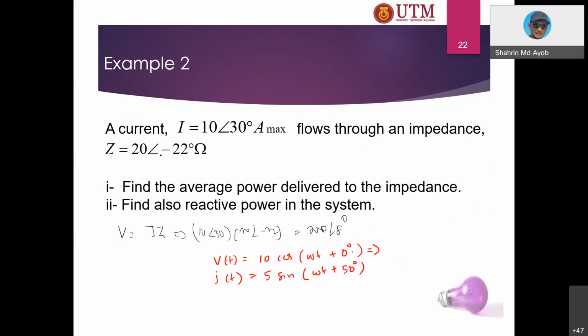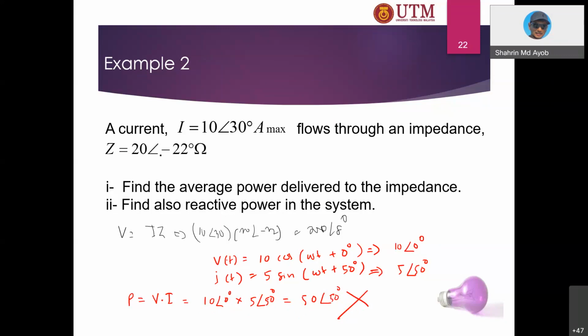If you change to phasors, it becomes this one and this one at 50 degrees. Then you multiply V times I, where capital V and capital I refer to phasors. Magnitude multiplied with magnitude, and the angle you just add up, 50 plus 0, so 50 degrees. But this answer is wrong. Why?